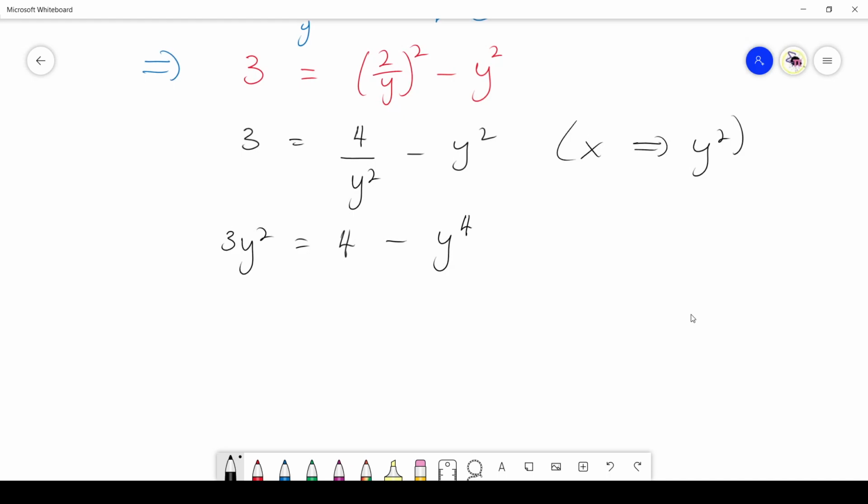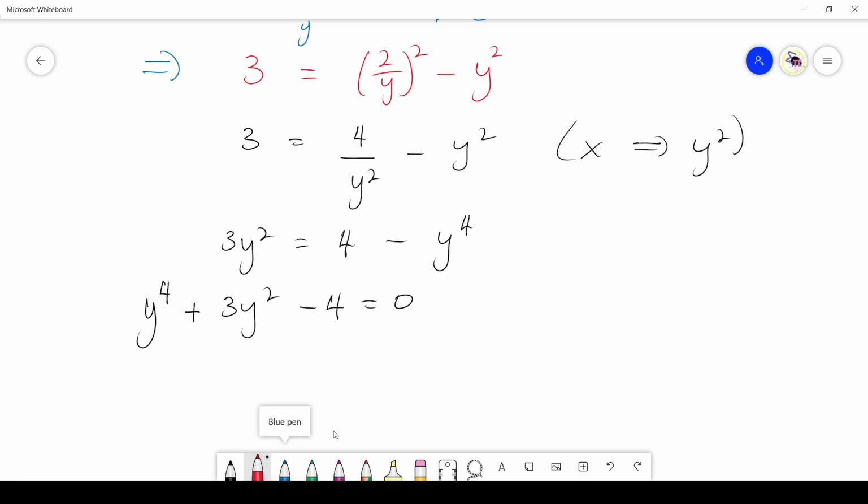And continuing here, we're going to rearrange this equation such that we have all the terms on our left-hand side. So I'm going to carry across my y to the power of 4 to the left, leave my y squared there, and carry across my 4. And then what happens is we end up having something we cannot solve.